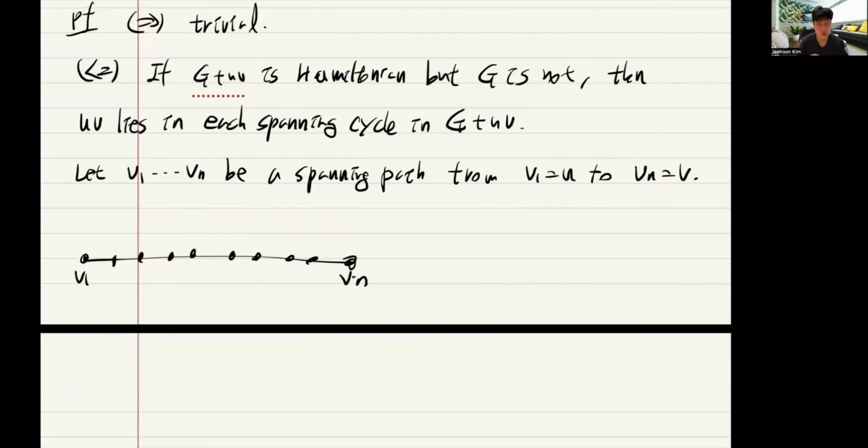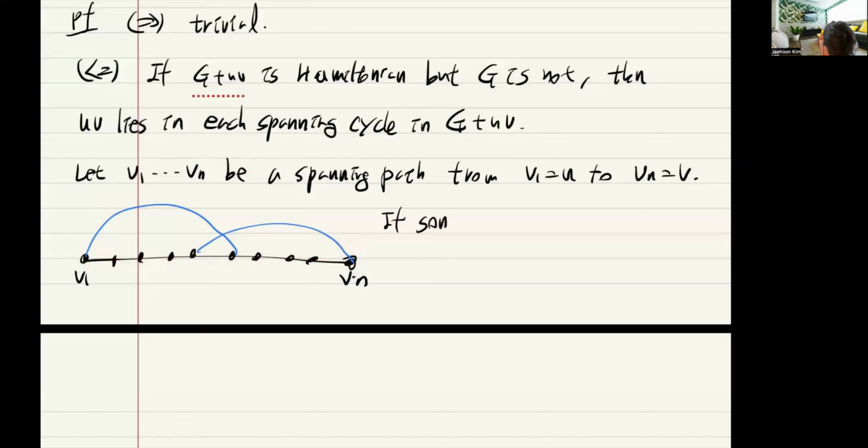Then what can we do? What we are going to do is something called Pósa's rotation extension method. If there is this set and this set, you can take a Hamilton cycle that does not contain uv, which is a contradiction.